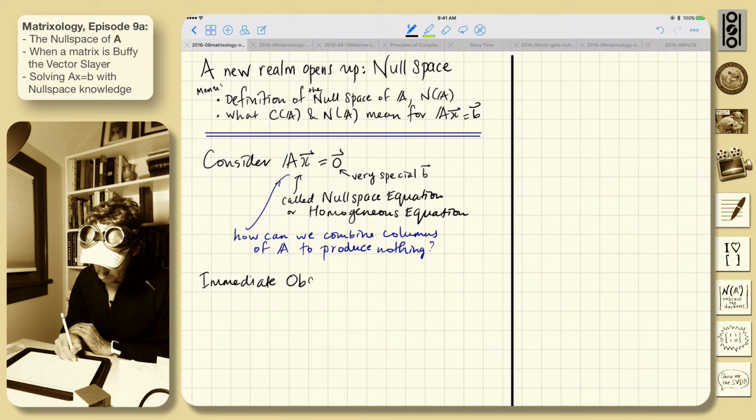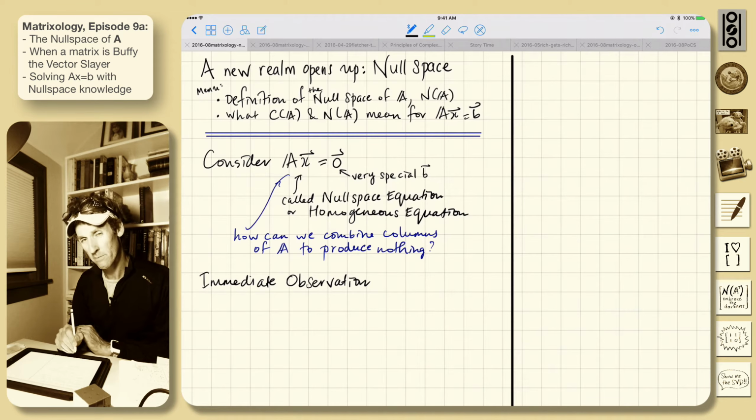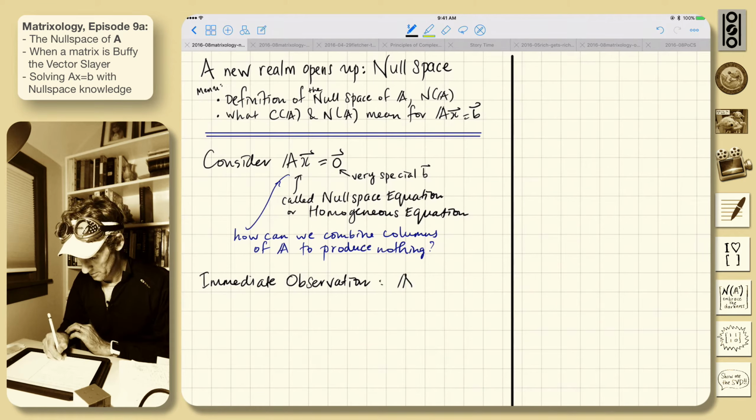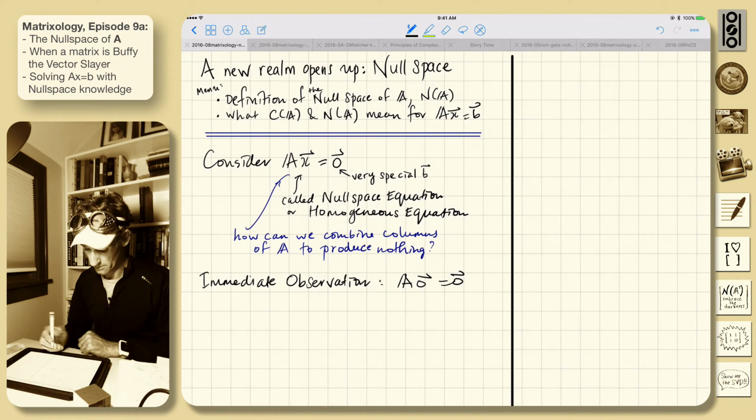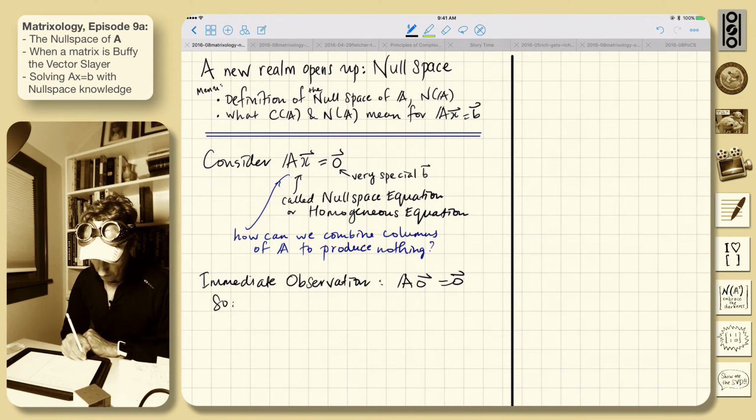An immediate observation is that x equals 0 works. A times 0 equals 0. So there's always a solution here.